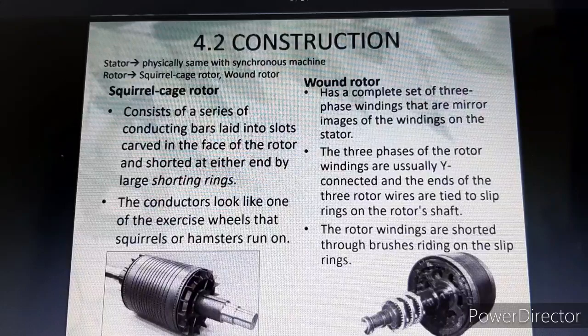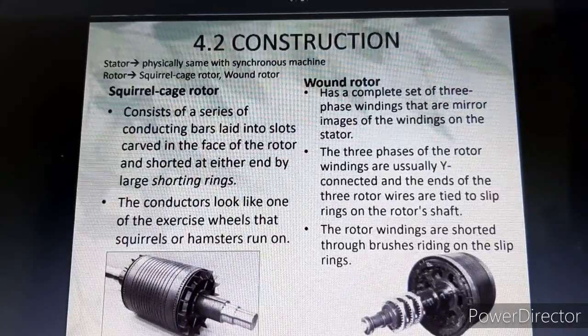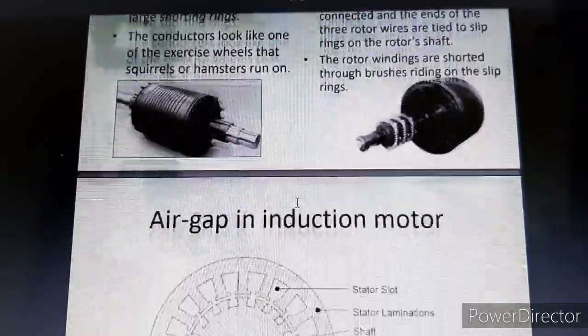While for wound rotor, it has a complete set of 3-phase winding that are mirror images of the winding on the stator. Number 2, the 3 phases of the rotor winding are usually Y-connected, and the ends of the 3 rotor wires are tied to slip rings on the rotor shaft. Number 3, the rotor windings are shorted through brushes riding on the slip rings. So that's the description of each type of rotor.